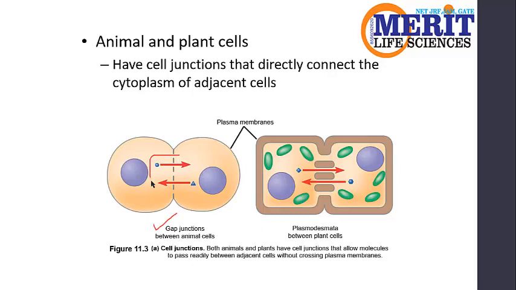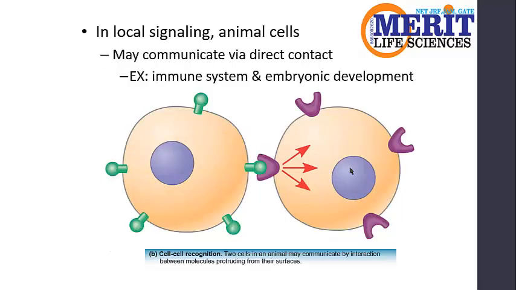This is the gap junction, and molecules can move from here to there, and they are tightly regulated. And even in plants you can see a similar kind of structure called plasmodesmata, and molecules can move between the two cells.